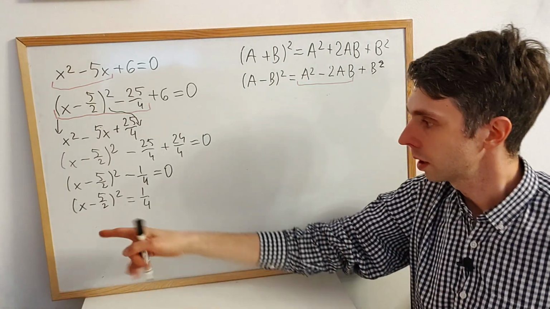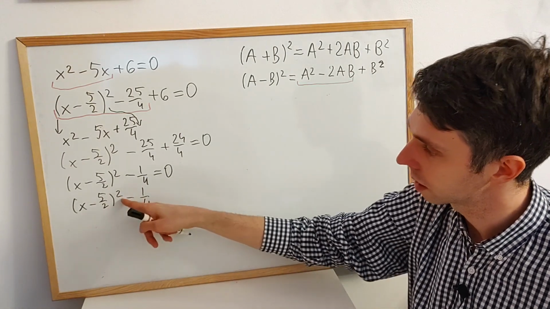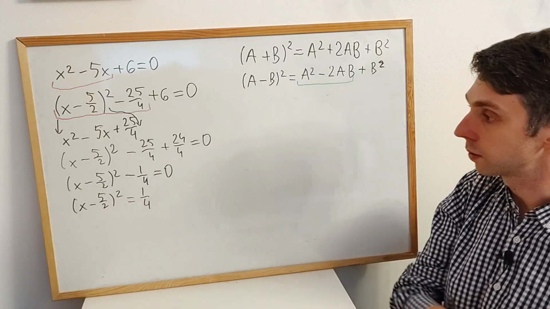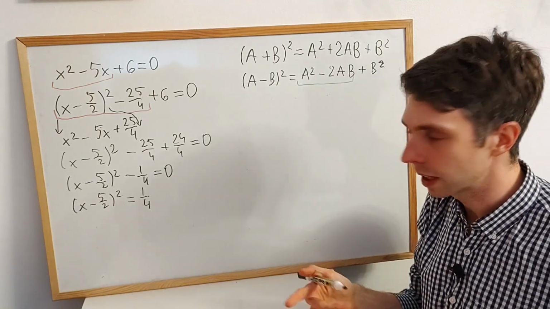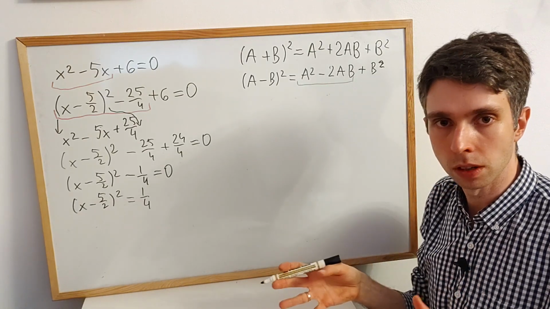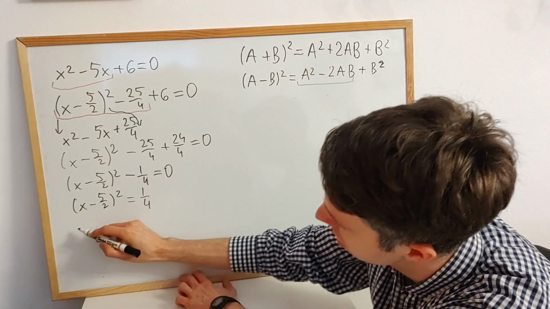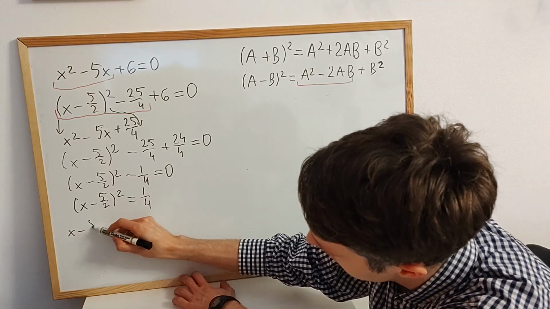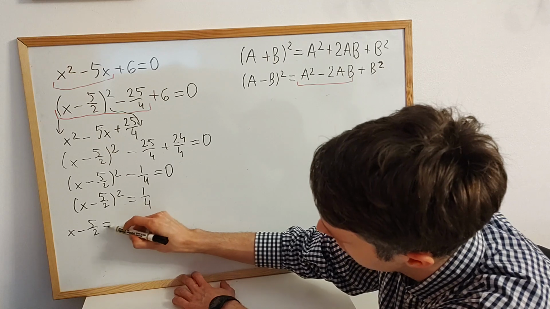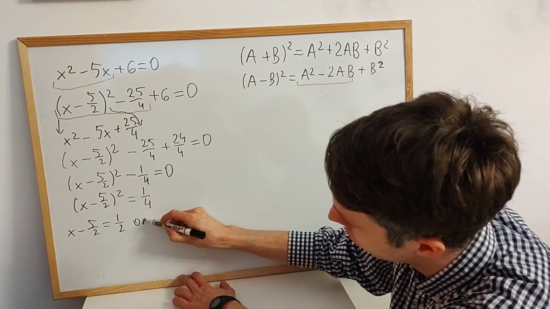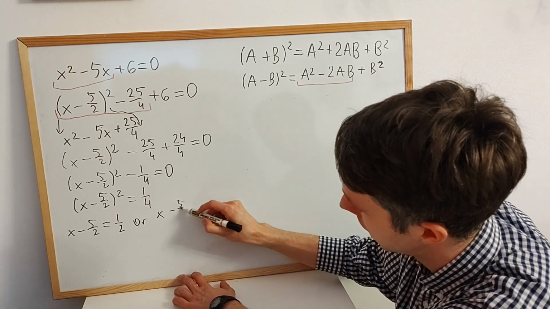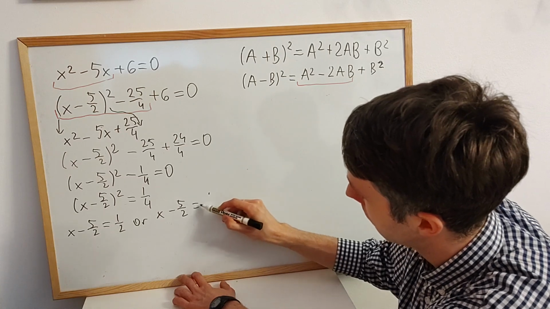So now what's the number that being squared gives you 1/4? So it has to be 1/2 or minus 1/2. So you have that x minus 5 over 2 equals 1/2, or x minus 5 over 2 is minus 1/2.